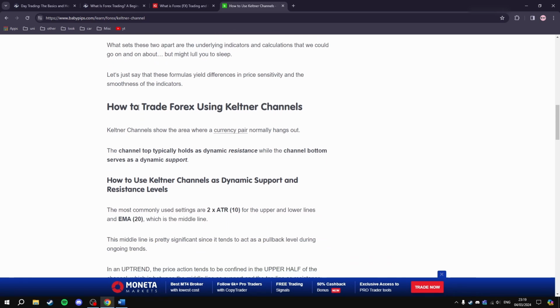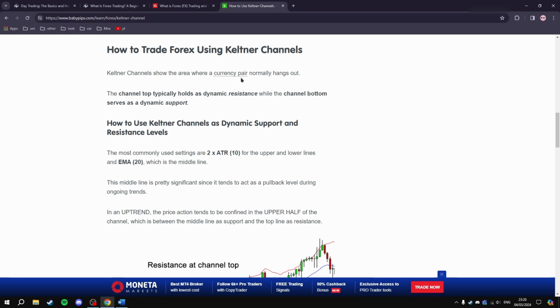How to trade Forex using Keltner channels. Keltner channels show the area where a currency pair's price normally hangs out.